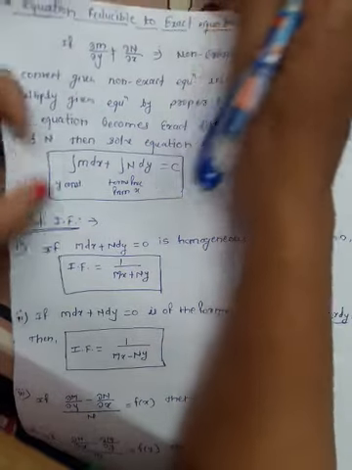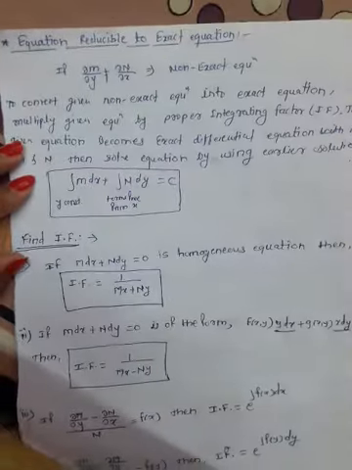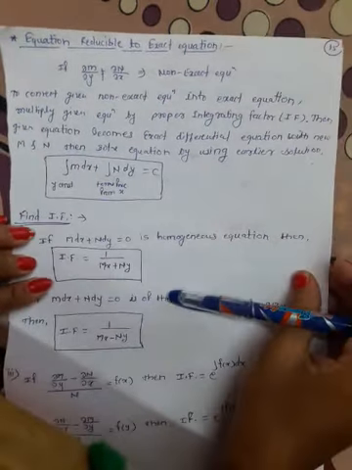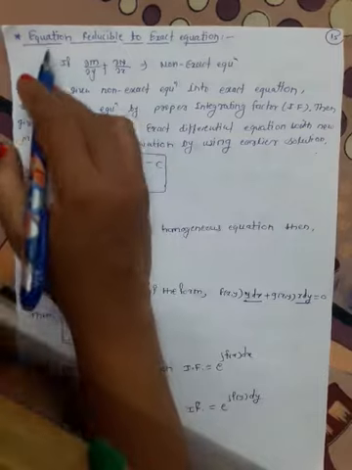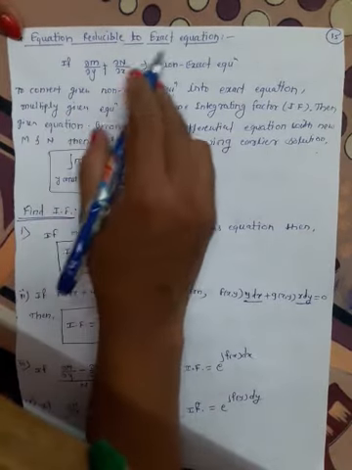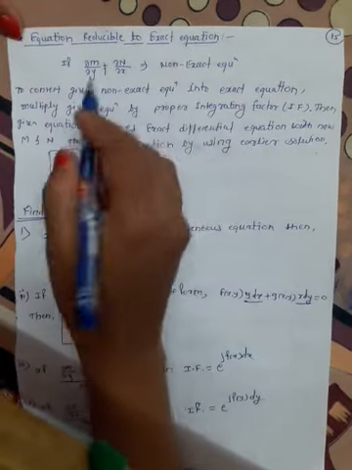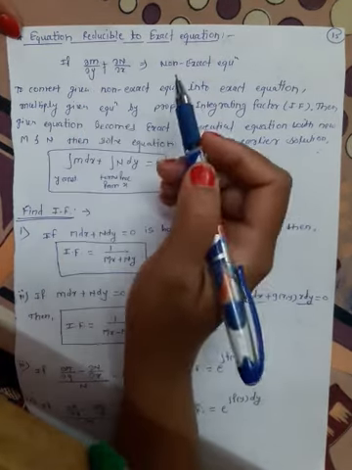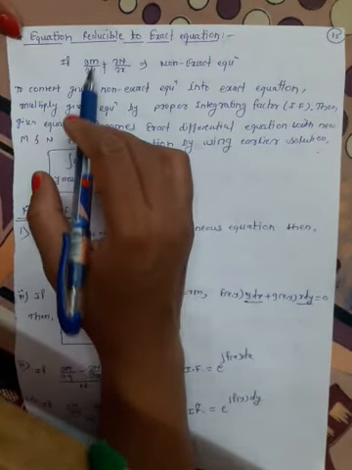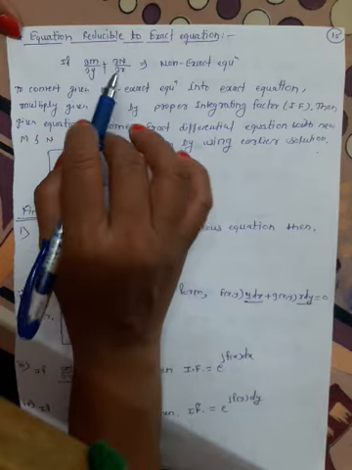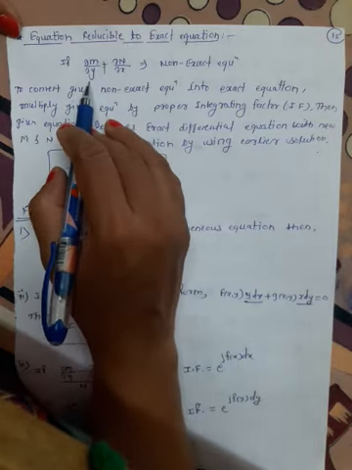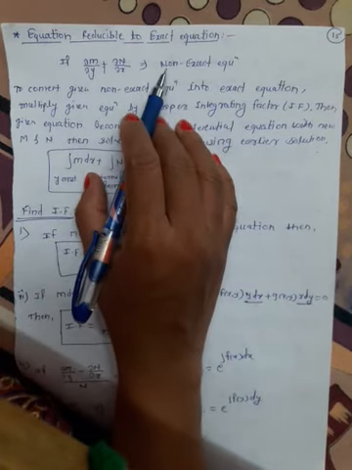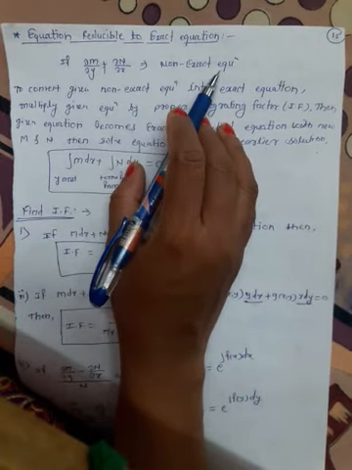Okay, now let's see the theory first. Equations reducible to exact equation. The given differential equation becomes exact when it satisfies this condition, ∂M/∂y is equal to ∂N/∂x. If ∂M/∂y is not equal to ∂N/∂x, then the given differential equation is a non-exact differential equation.